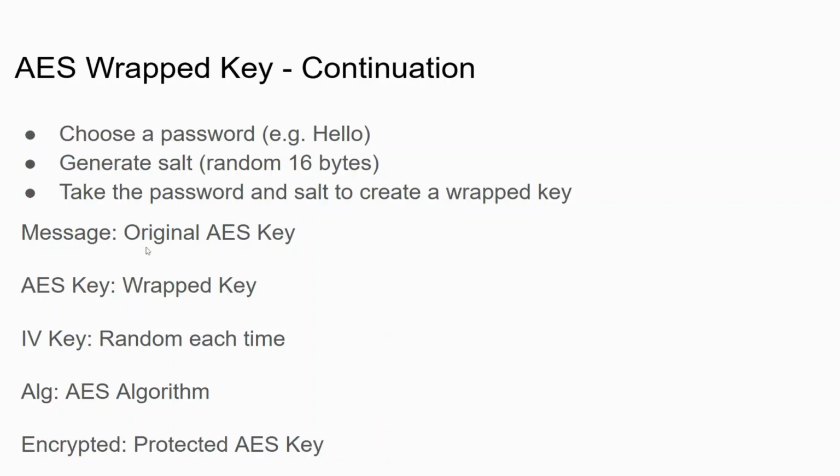It's going to be the AES key I used to encrypt my biometric template. Then the AES key for this would be the wrapped key we made from the password and the salt. Then, as you know, the IV key is random each time. The algorithm would be the normal AES algorithm. Then the encrypted output would be your protected AES key.